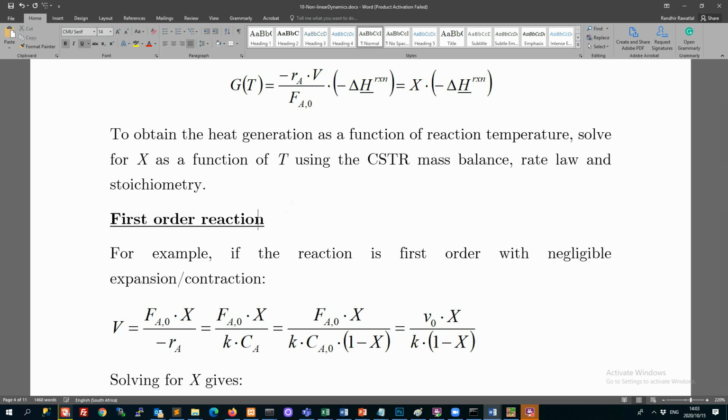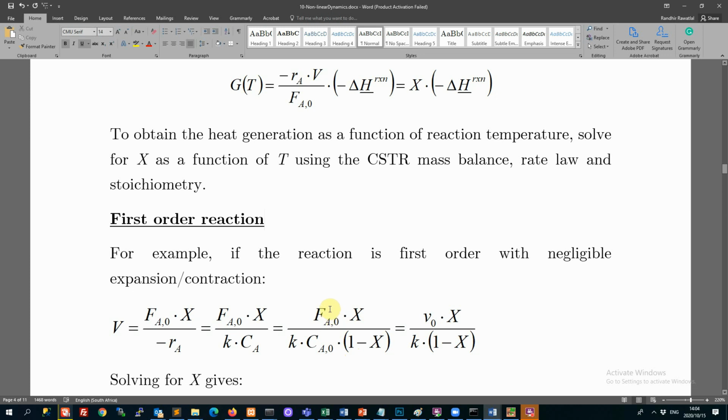So if you have a first order reaction, your RA is KCA. So if we rewrite the material balance for the CSTR, FA naught X over RA, we are replacing RA by KCA. And we know that CA we can replace by CA naught times 1 minus X. Then in the numerator we had kept the FA naught X. So we have this ratio now. And we know we can rewrite FA naught, that's the molar flow rate.